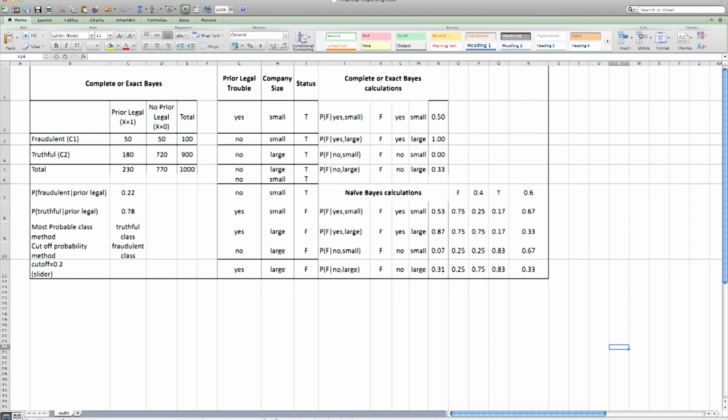Then in the denominator, for every class, for example C1, we have the same expression: the probability of the predictor values given it belongs to class 1, multiplied by the probability of belonging to class 1, summed over all the classes.